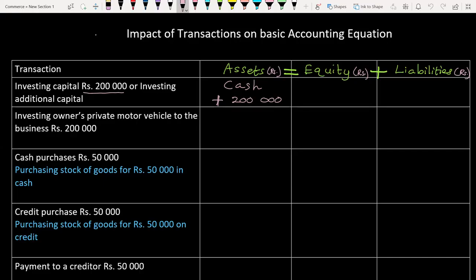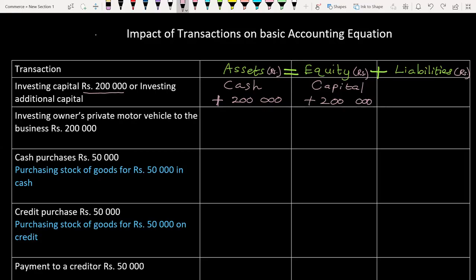What do we call the assets belonging to the owner of the business? We call it equity. Therefore, equity increased by again rupees 200,000, and this we call capital. Therefore, due to capital, equity of the business increased by rupees 200,000. What happened to liabilities? There is no change for liabilities.